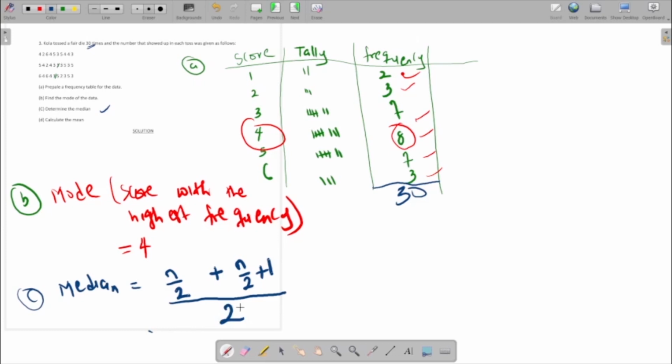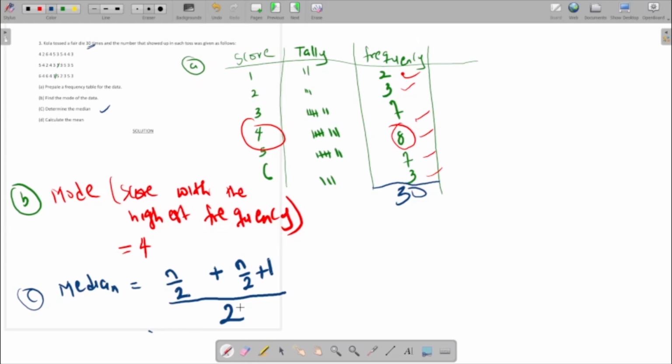Look at it: n divided by 2 plus n divided by 2 plus 1. Because if you are looking for the median here, you are looking for the middle number.